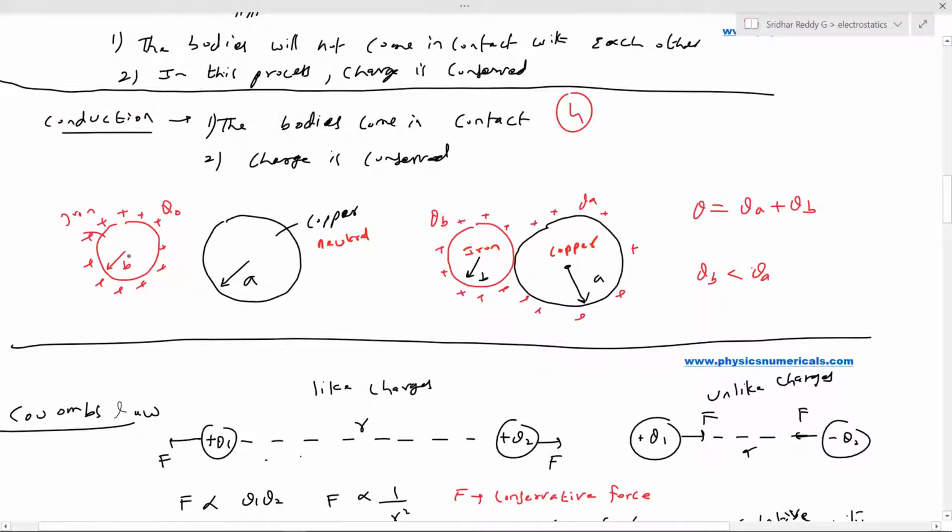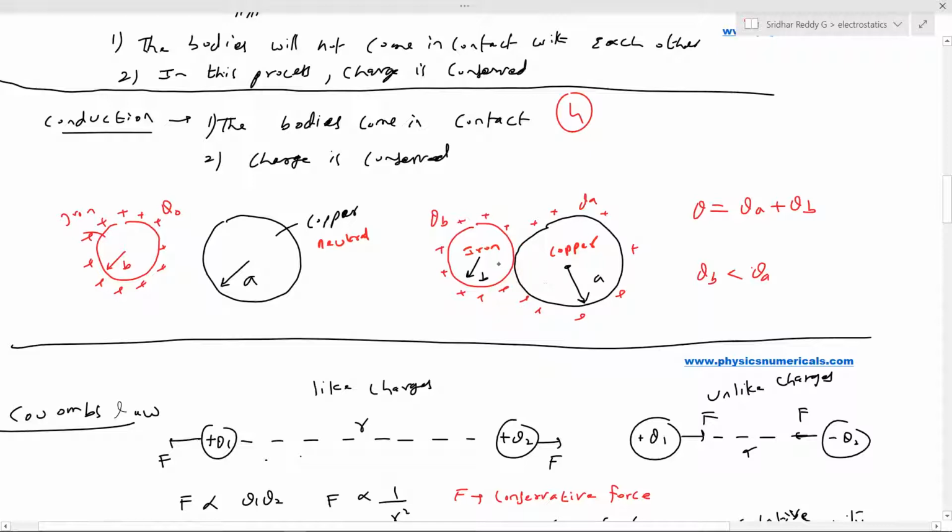Okay, let's get into this one. What was the charge of the iron sphere initially? Plus Q naught. What was the charge of the copper sphere? It was electrically neutral. Then let me push this iron sphere so it comes in contact with the copper sphere. The charge from the iron sphere will flow onto the copper sphere.